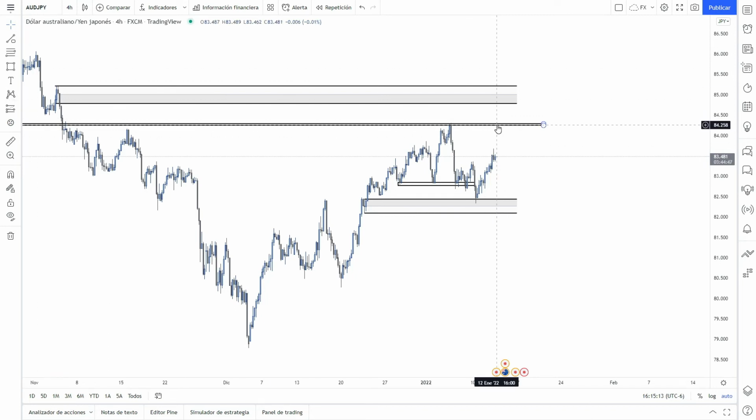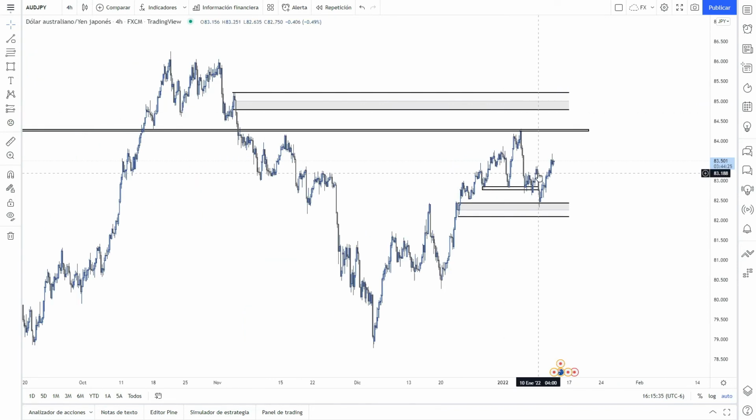Why? Because above this resistance level, what do we have? We have stop losses. And this is how the market moves. It will try to jump from this stop hunt to this stop hunt. The stop hunt will happen every time.